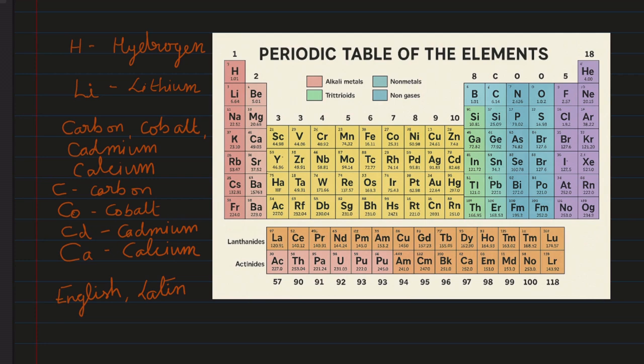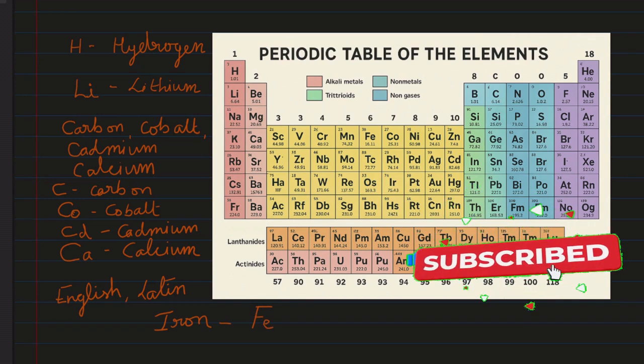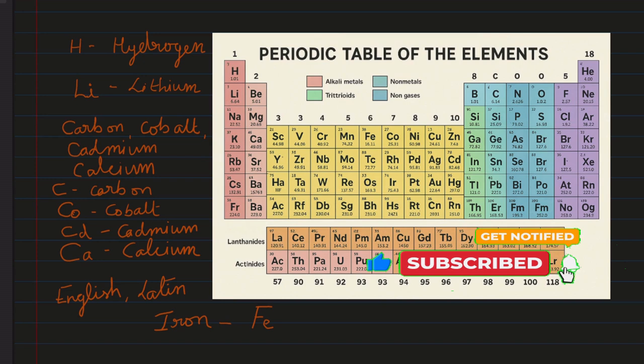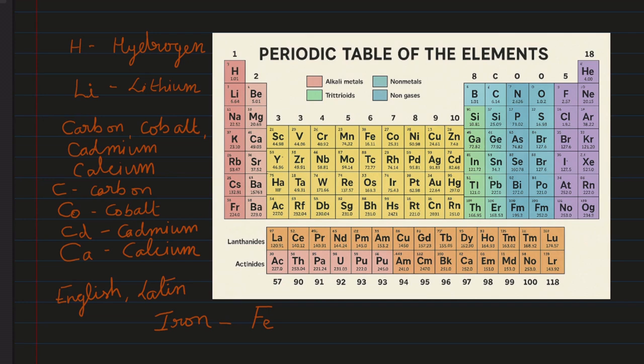English or Latin. But what about certain elements like iron? I-R-O-N, iron. Do you know what is the symbol of iron? It is not I. The symbol of iron is Fe, which stands for ferrous.